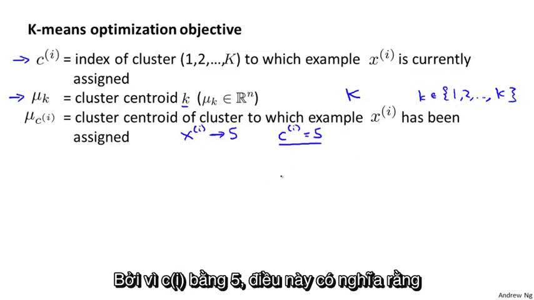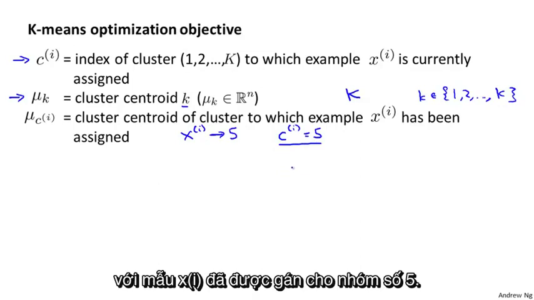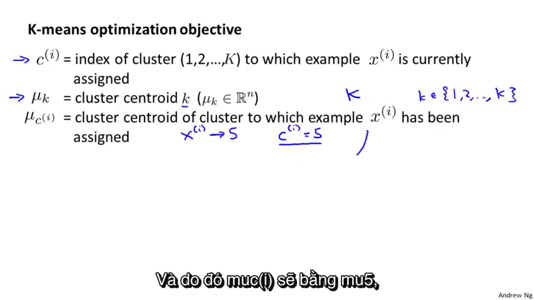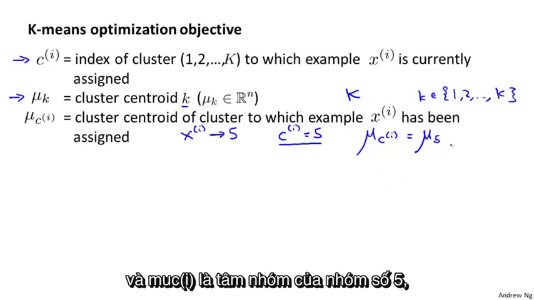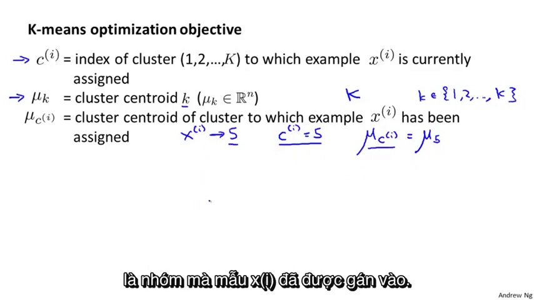Because having c i equals 5, that's what it means for the example x i to be assigned to cluster number 5. And so mu subscript c i is going to be equal to mu subscript 5, because c i is equal to 5. And so this mu subscript c i is the cluster centroid of cluster number 5, which is the cluster to which my example x i has been assigned.